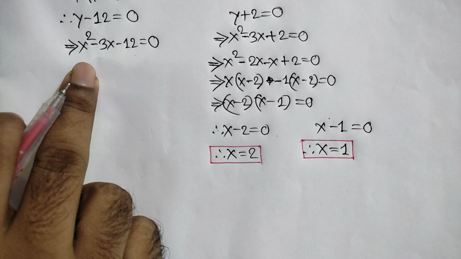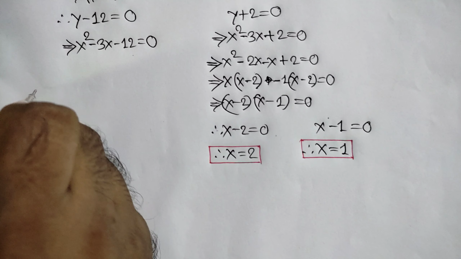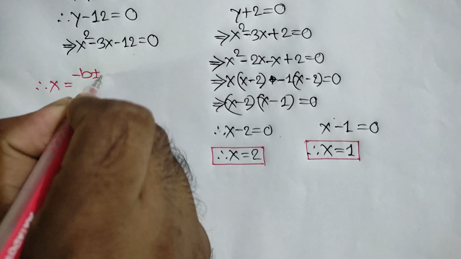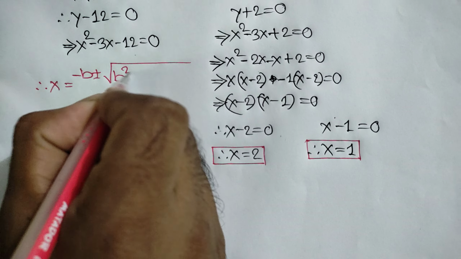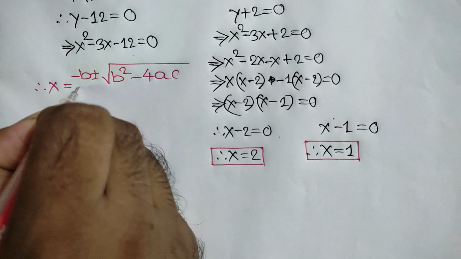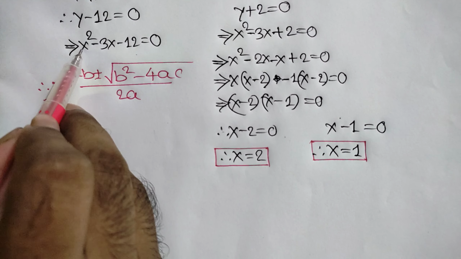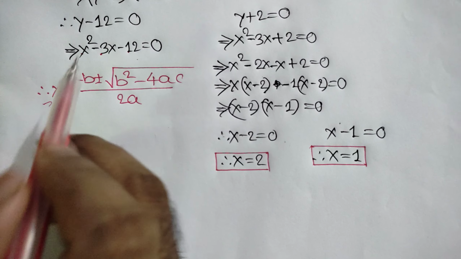Now for x square minus 3x minus 12 is equal to 0 we can use the quadratic formula, so we can write x is equal to minus b plus or minus square root of b square minus 4ac over 2a. Here a is equal to 1, b is equal to negative 3 and c is equal to negative 12.